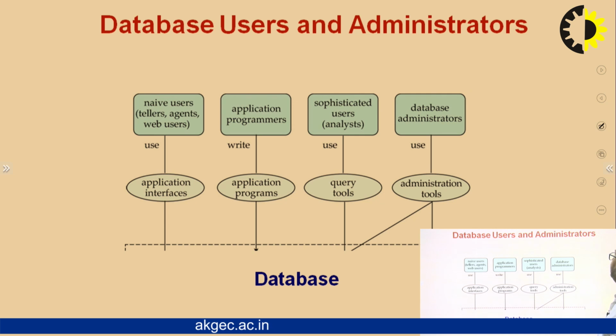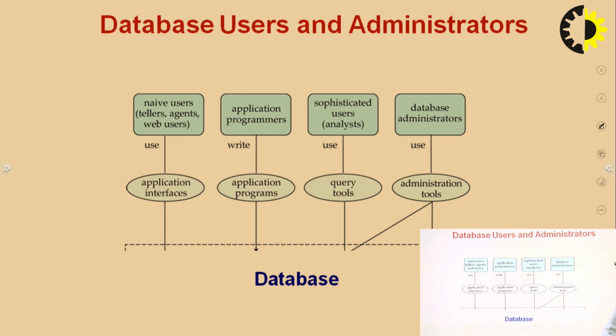So this is database users and administrators. There are several types of database users: naive users, application programmers, sophisticated users, and the DBA, the database administrator. Naive users basically use application interfaces, application programmers write application programs, analysts or sophisticated users use query tools, and the DBA uses administration tools.